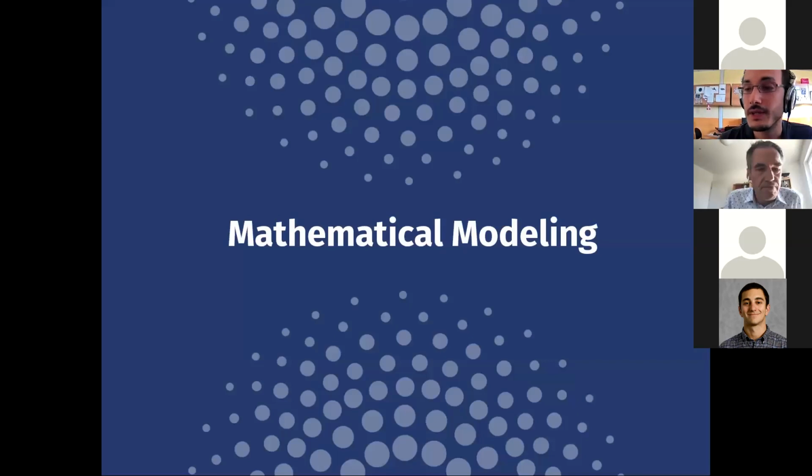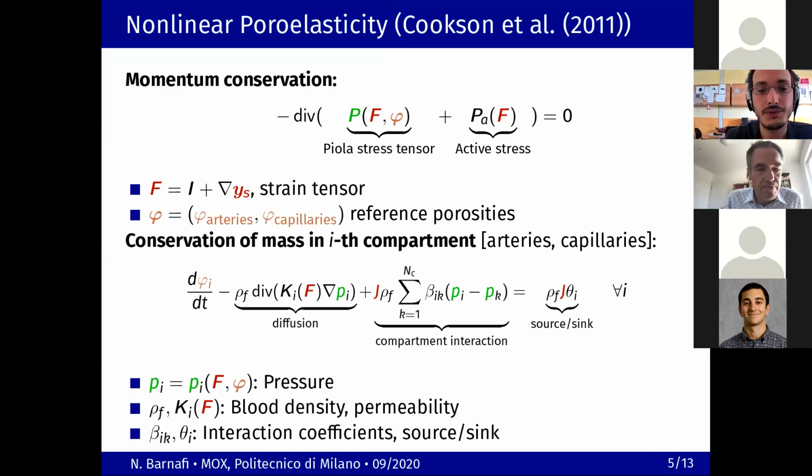Okay, now I'll present how the nonlinear elasticity equations are composed. First of all, we have our conservation of momentum, and this is, let's say, more standard from nonlinear mechanics. We have our Piola stress tensor plus an active stress. I can consider the mechanics at this level of generality.